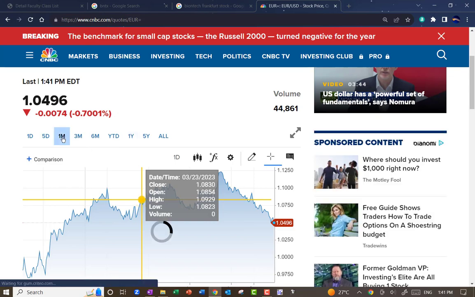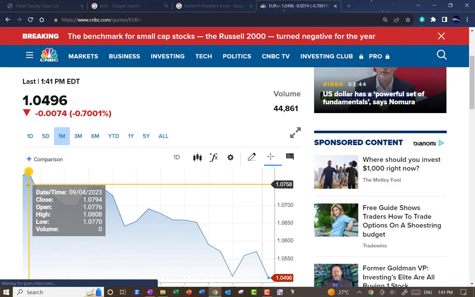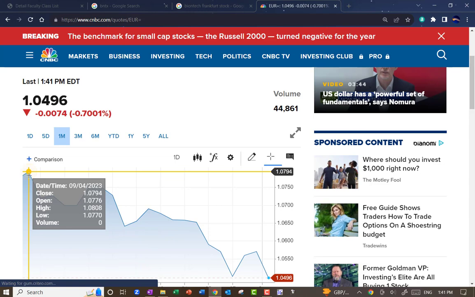Just looking at the last month, it was about 108. Now it's about 105. That's almost a 3% change. So if you were a holder of the BioNTech stock, the stock would have gone down by 3% naturally because of transaction exposure, foreign currency exposure. Any other changes, in a sense, is the economic exposure.